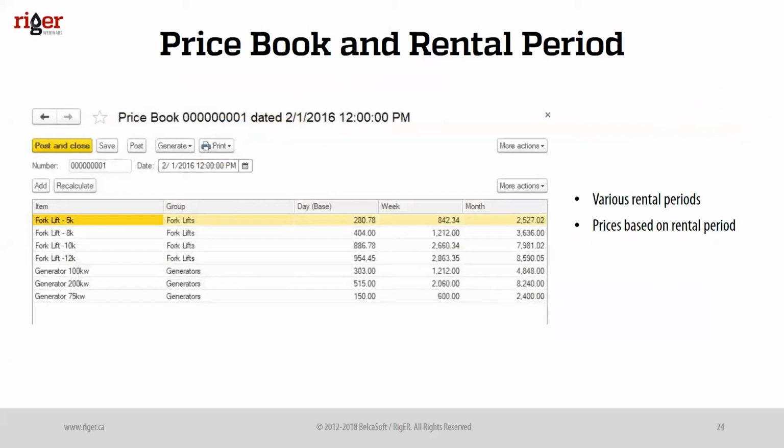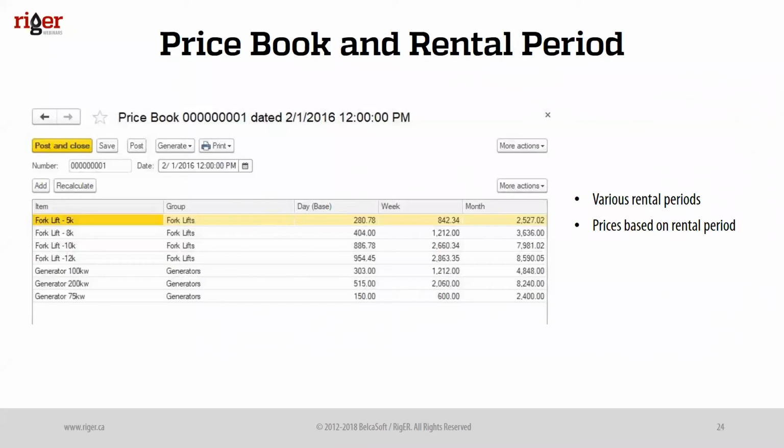Price book and rental period. For some types of clients and some types of businesses, we can have a price book. What does it mean? For example, if you have clients mostly from the construction business, they may have different billing periods and rental periods. For example, if you charge your client by days, it's one price.